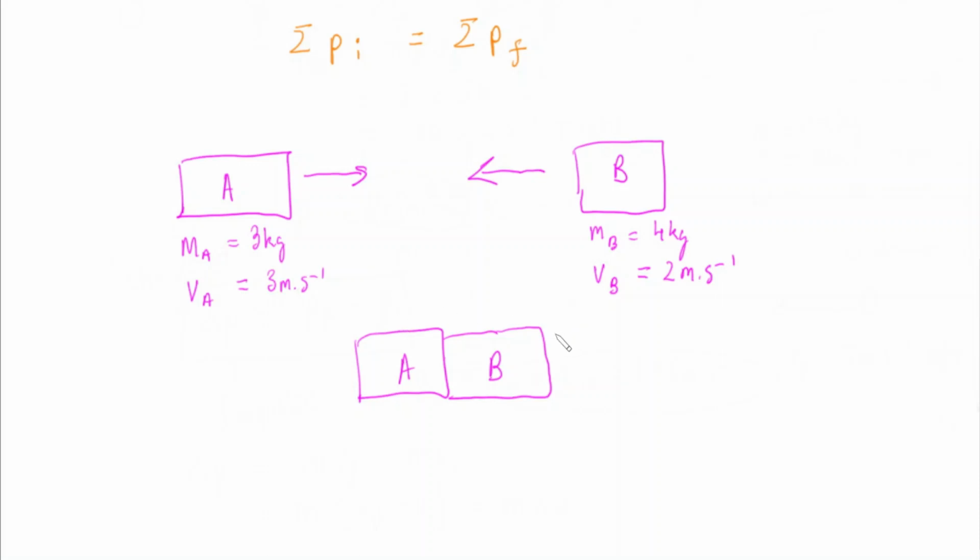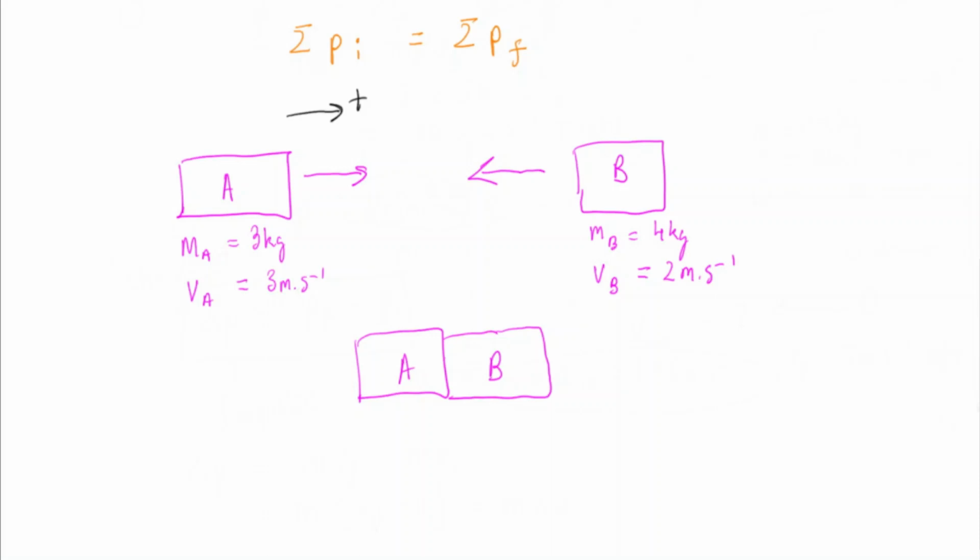Well, I like to think about these problems as me imagining that I'm taking a beforehand picture and an after picture, and I'm calculating the momentum in both of these pictures. So let's begin by assigning a direction, and we'll take the right as positive, and it doesn't matter which direction you take as positive as long as you're consistent throughout.